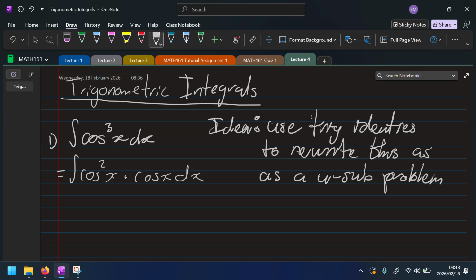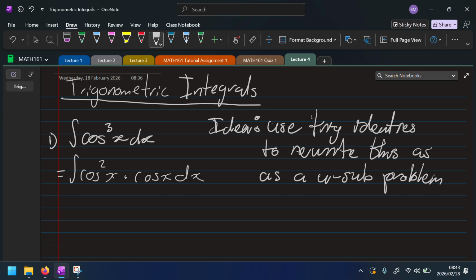So we see we've got cos cubed. I took out a factor of cos x, so it's cos squared and then cos x next to it. That's the first step we're going to do. Now, some of you might see where this is going. The cos squared, we can use a trig identity to rewrite that in terms of sine.